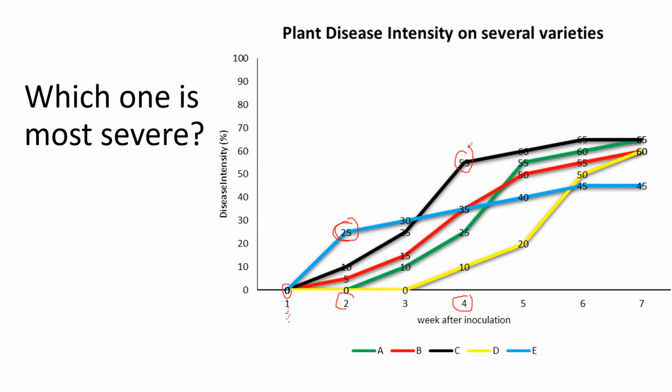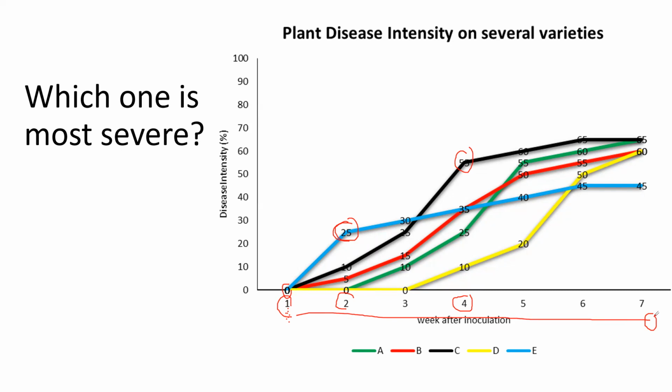Now I have a next question. From 1 week until 7 weeks after inoculation, which line has the highest intensity? How do you calculate it?